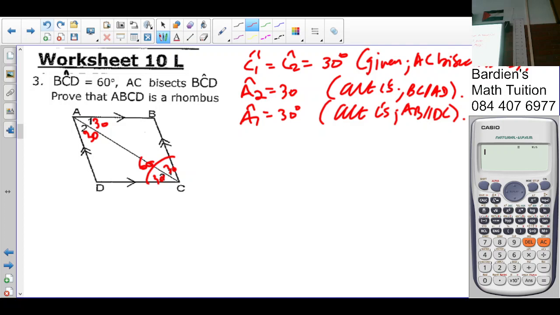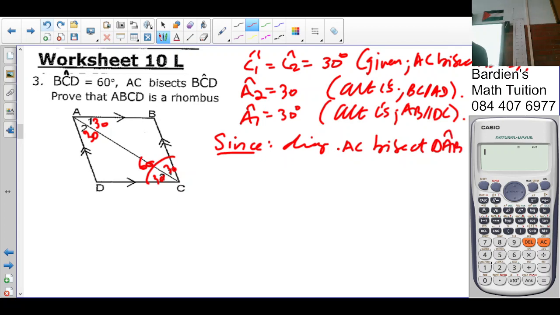So now we state the obvious. Since diagonal AC bisects DAB, therefore ABCD is a rhombus.